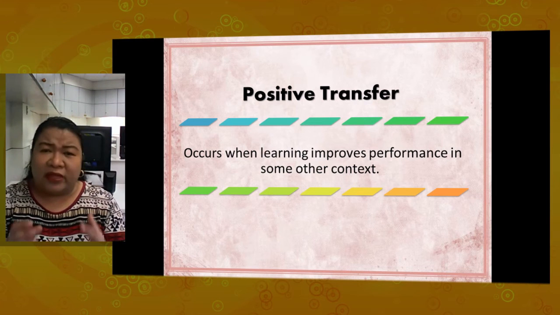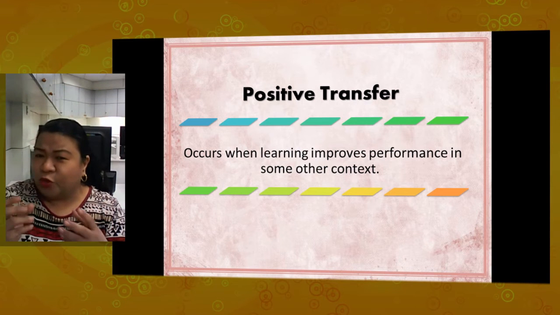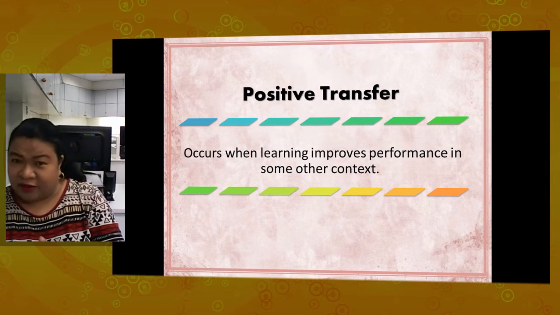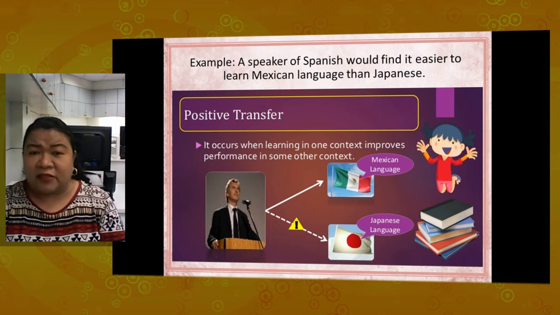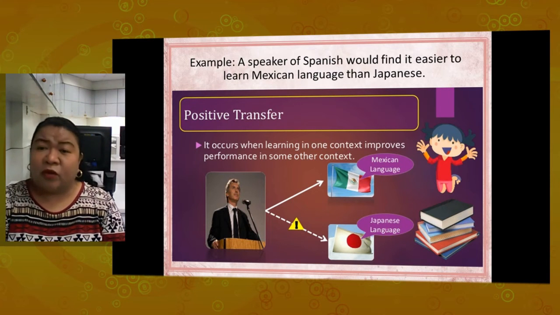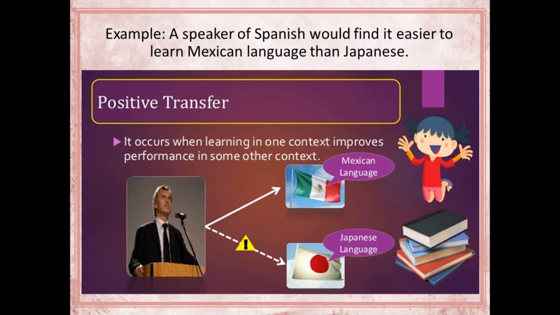That means whatever you learned previously makes you do well in this other context. That's positive transfer. For example, a speaker of Spanish would find it easier to learn the Mexican language than the Japanese. Why? Because Spanish and Mexican languages would have certain things similar with each other.